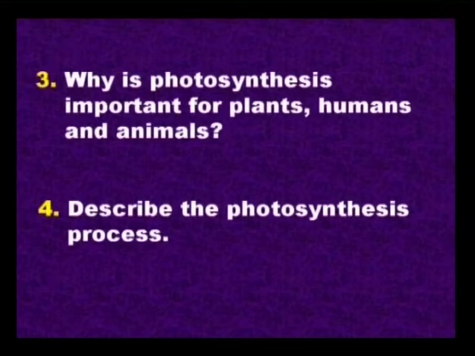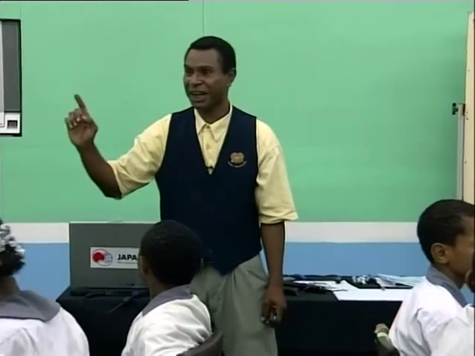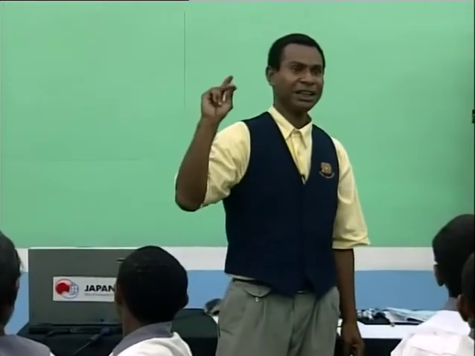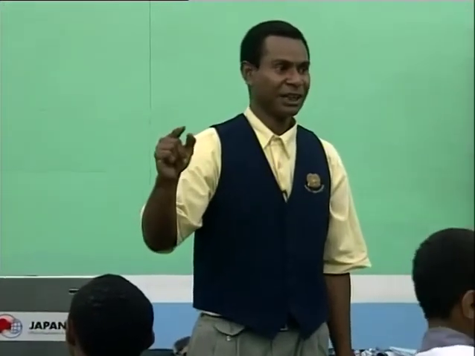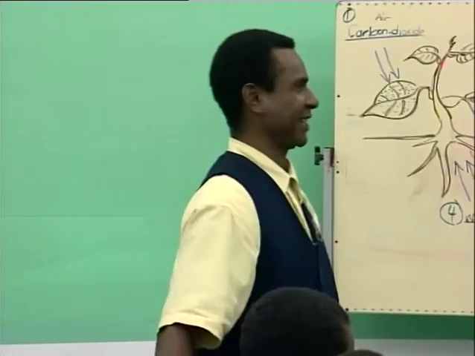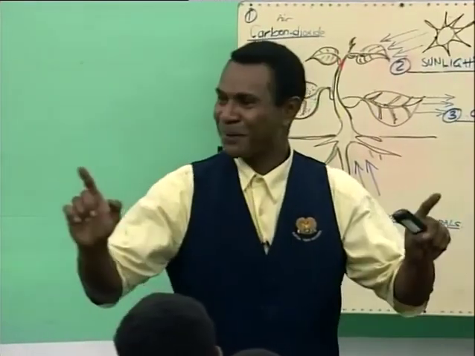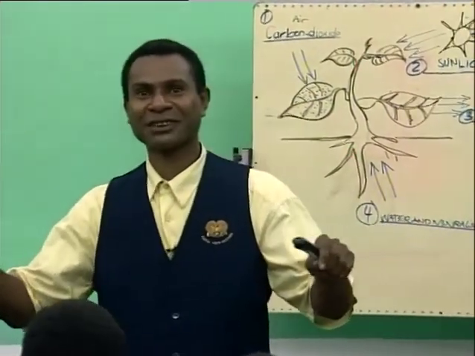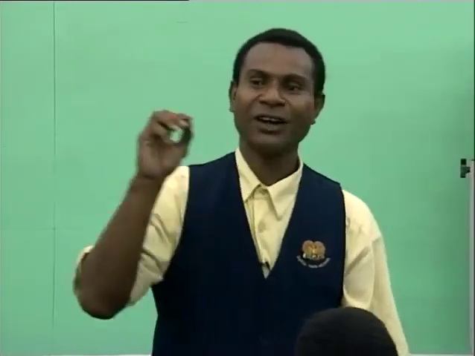One more thing, what do plants give us? We already said oxygen. It gives us food. You ate one part of a plant for your breakfast. It must have been a piece of bread which comes from the seed, wheat.